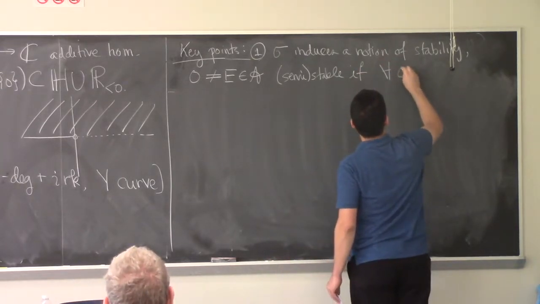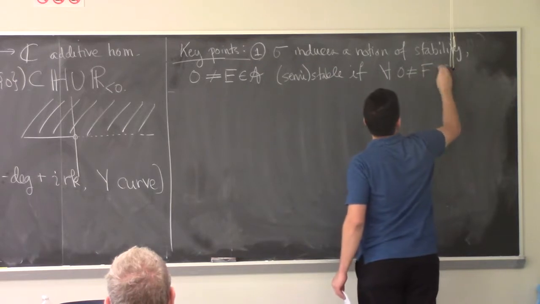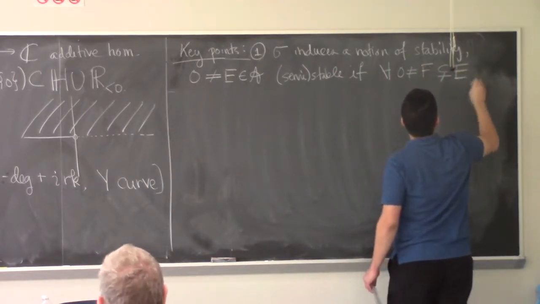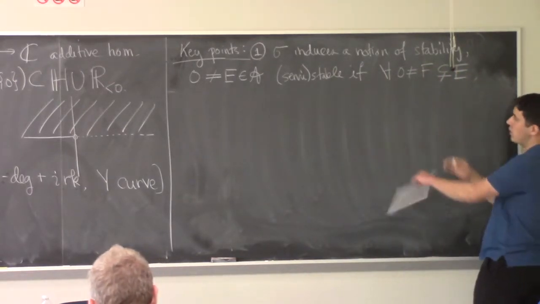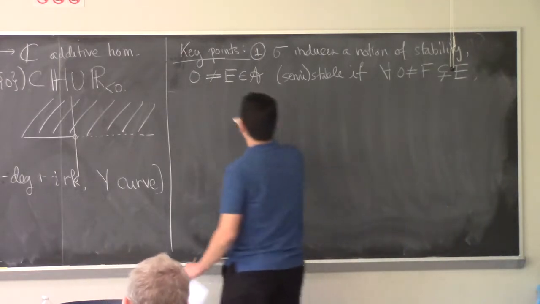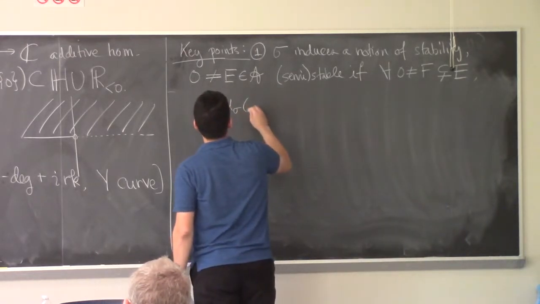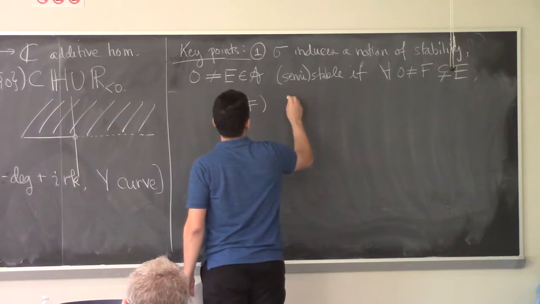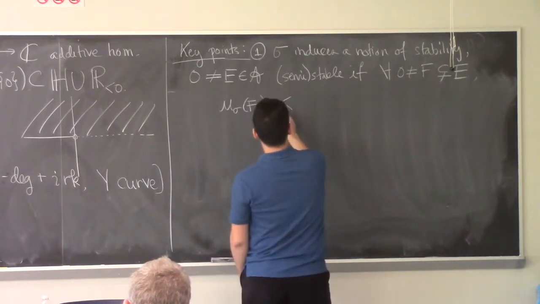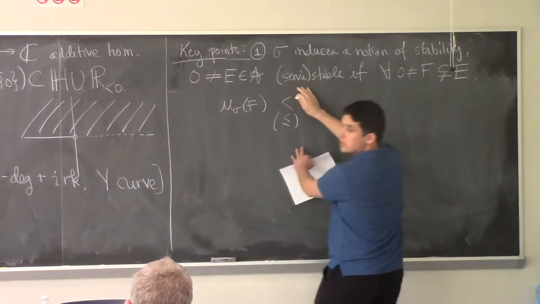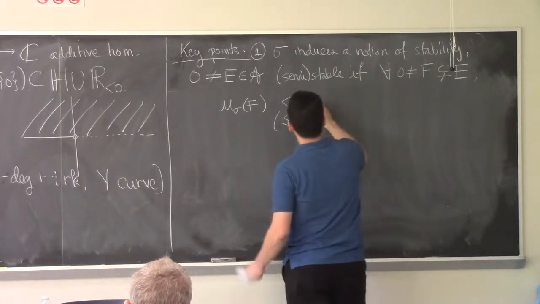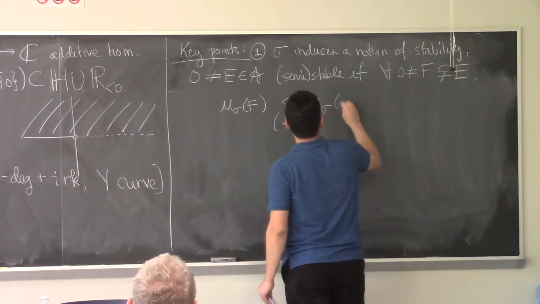So whenever you take a non-trivial subobject, say F, inside of E, I want the following inequality between the slopes to happen. So I want the slope of F to be either less than or equal to, in the case we're defining semi-stability, the slope of E.